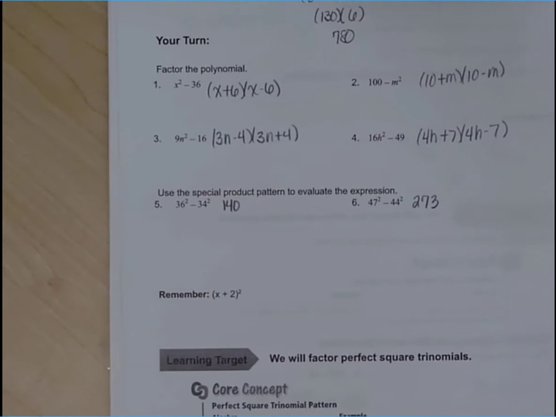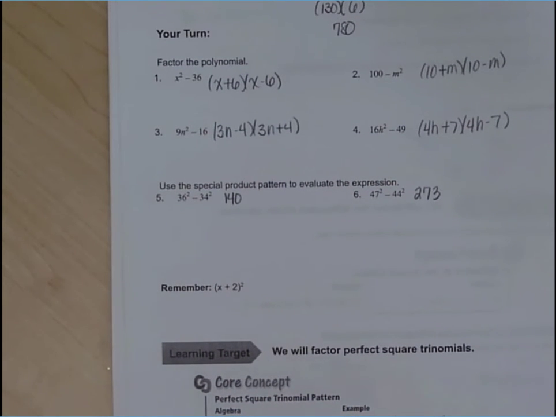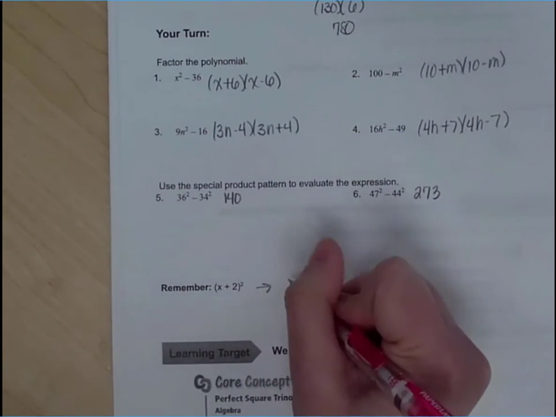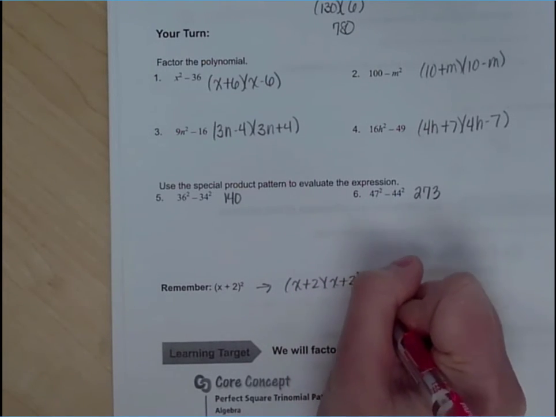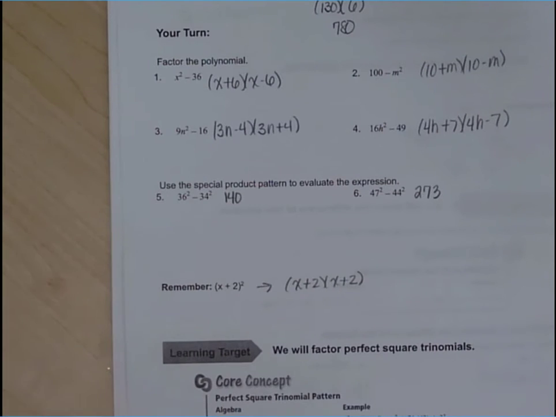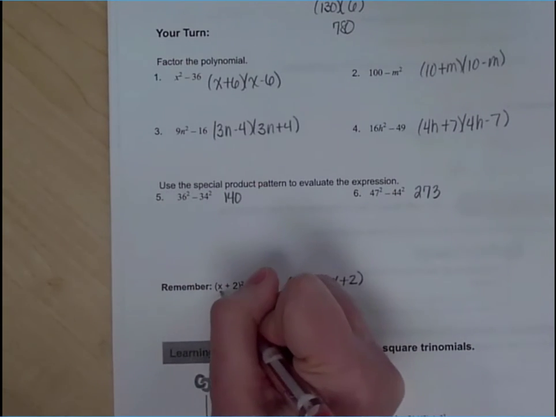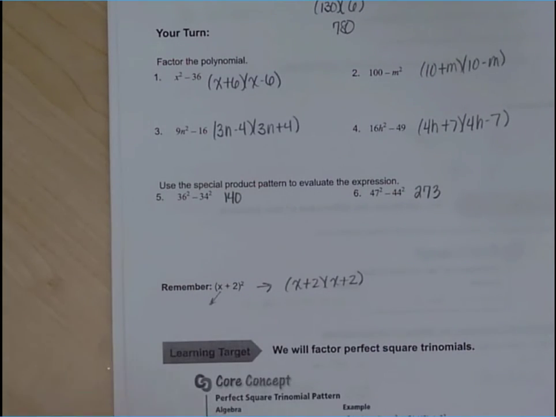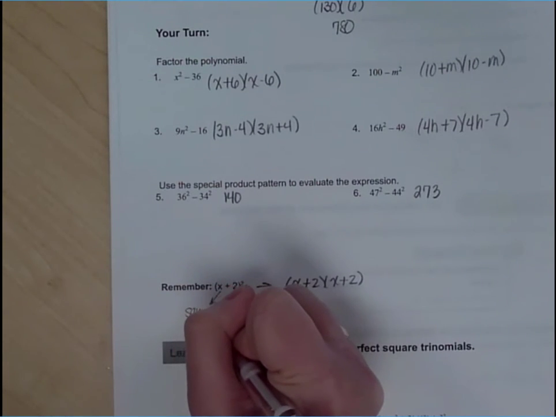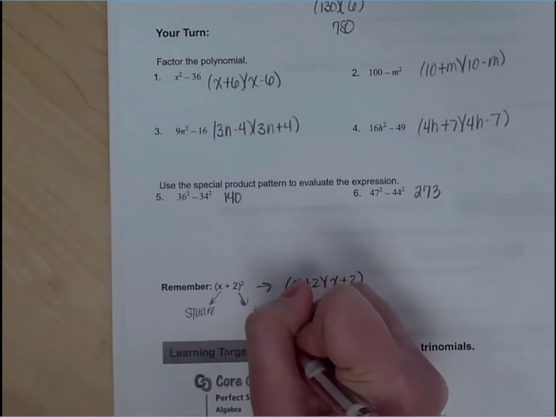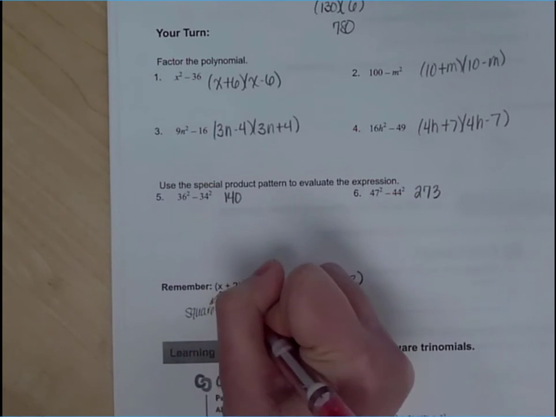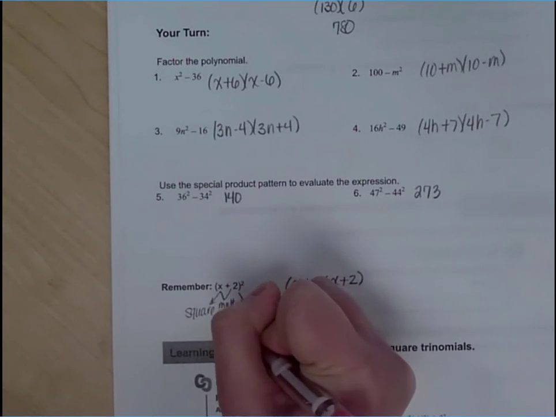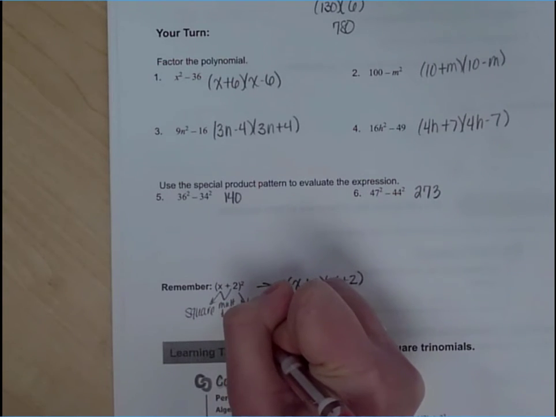All right, so if you remember, we now have a perfect square here, which would mean we have something that looks similar to this. And of course, we could always FOIL, but when we learned about this in the past, we said to square, square, multiply, and double.